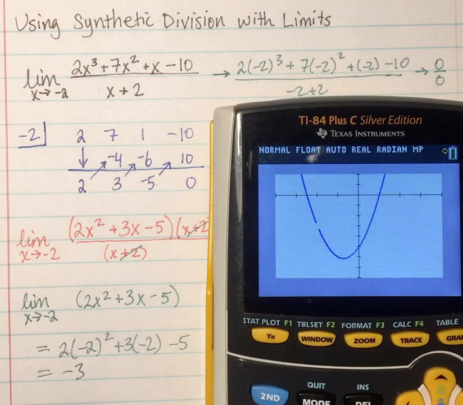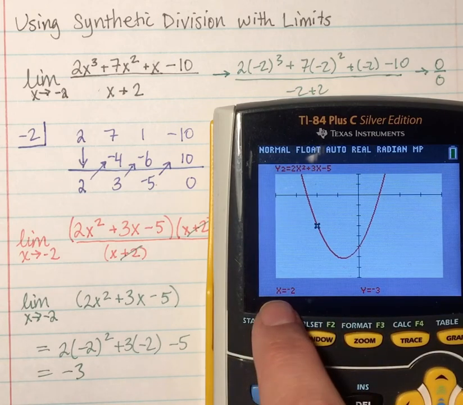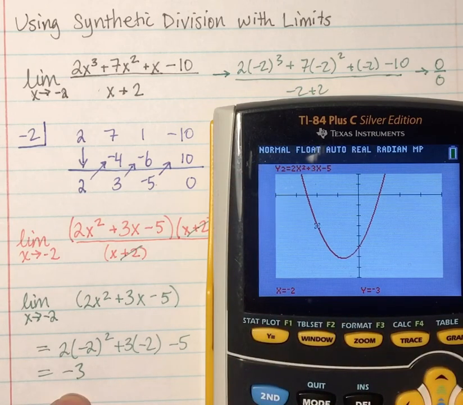But now look at what happens. It's going to draw it and completely cover it. And you can see that it totally lines up. And when I hit trace and go to -2, y1, there's nothing there. But if I arrow down to y2, it's at -3, which corresponds to the -3 we found.